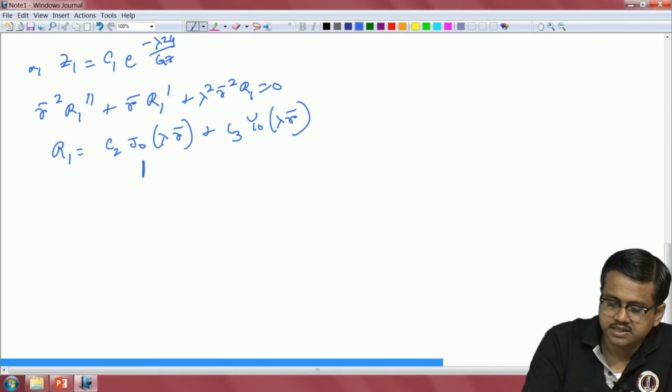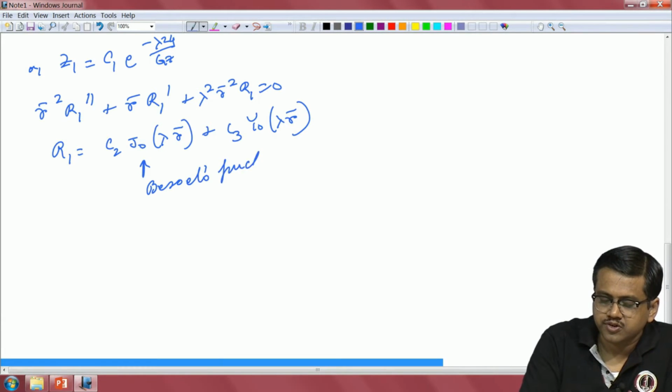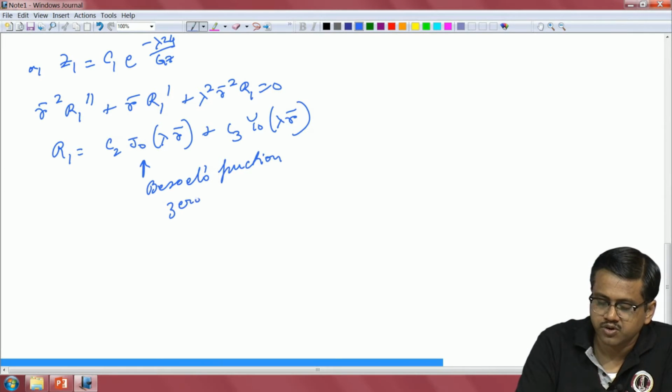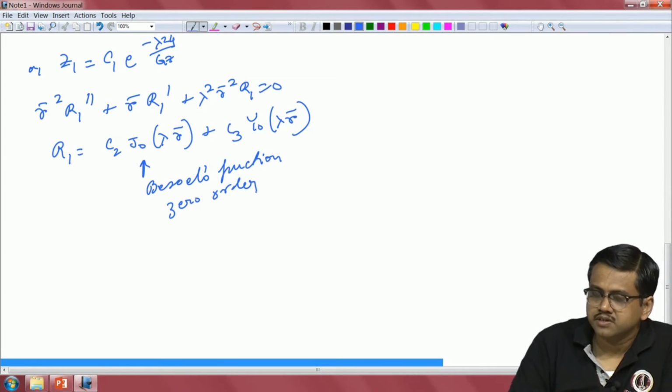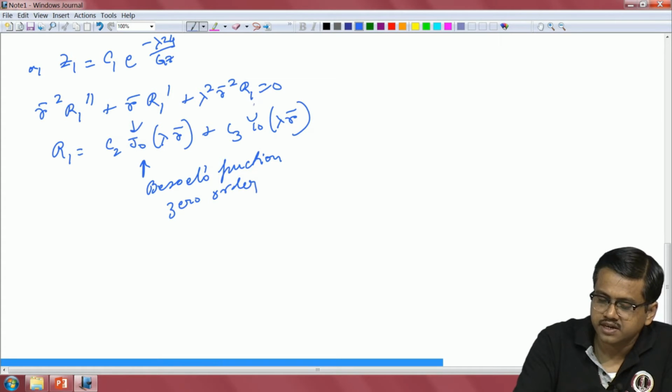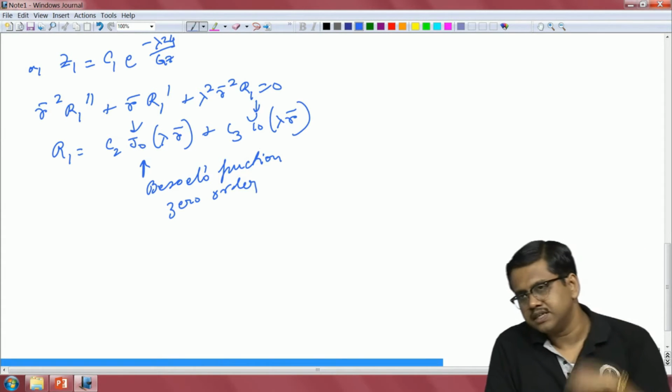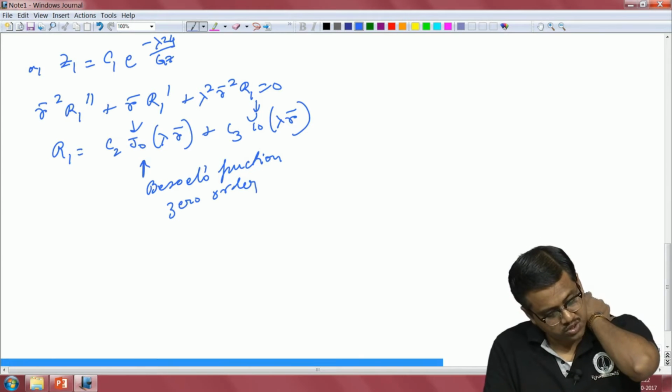These are Bessel's functions, of order 0, zero order. J is the first kind and Y is the second kind. So that is the solution that you have.